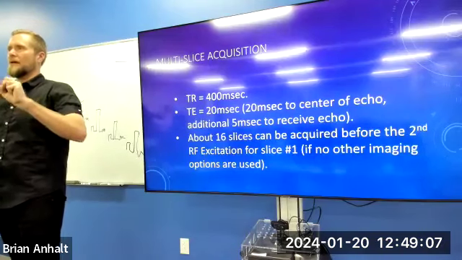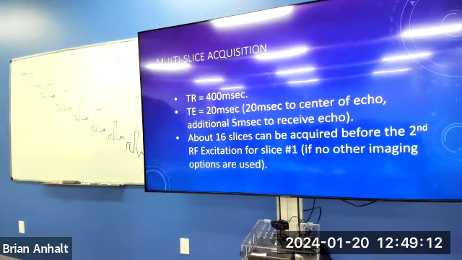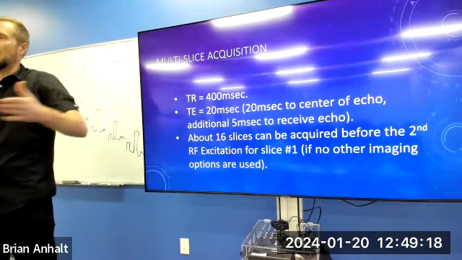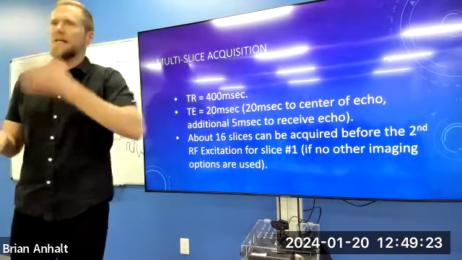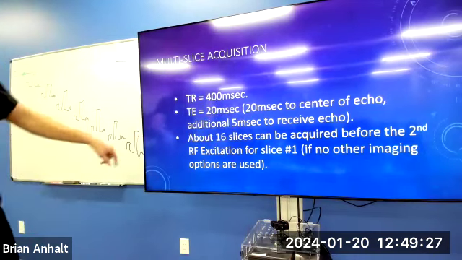We have to listen to each one of the echoes and collect a certain amount of data. So we are collecting data for more than just an infinitely short period of time. We're collecting it for a certain amount of time during the echo. So it's just saying an additional 5 milliseconds after the center of the echo to collect all the data that we need. We'll get into that more later though.